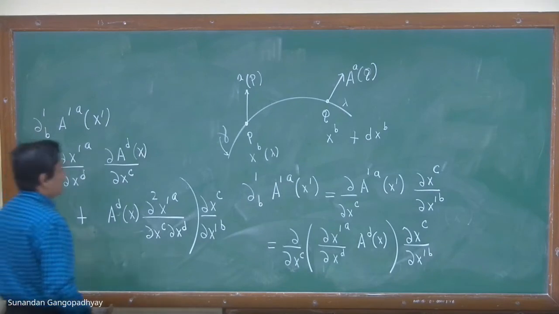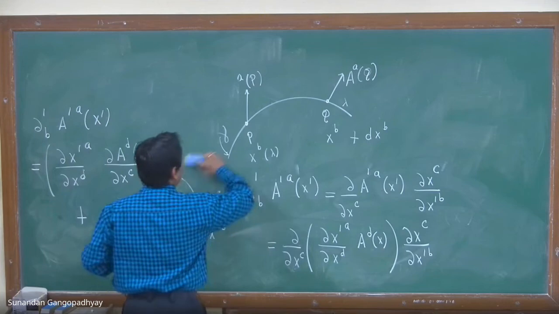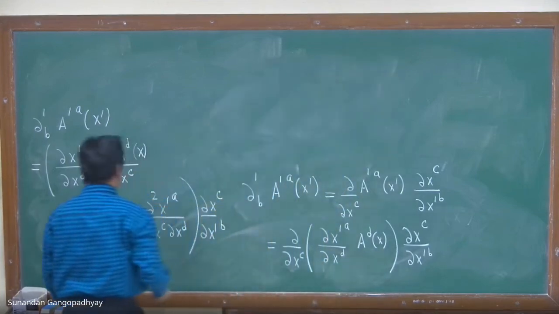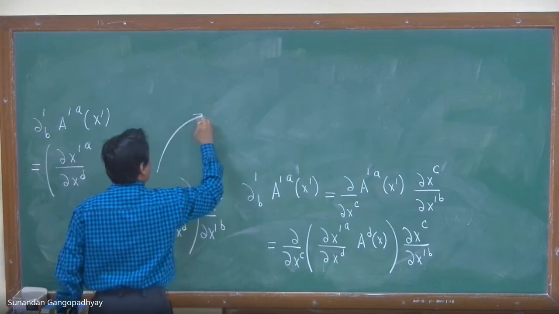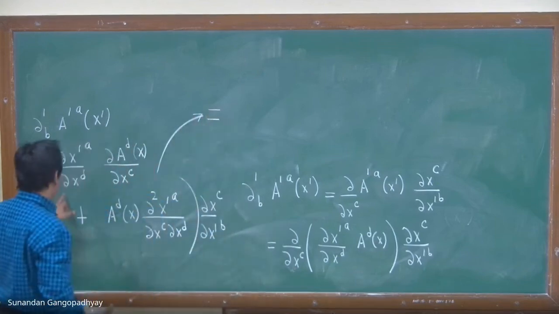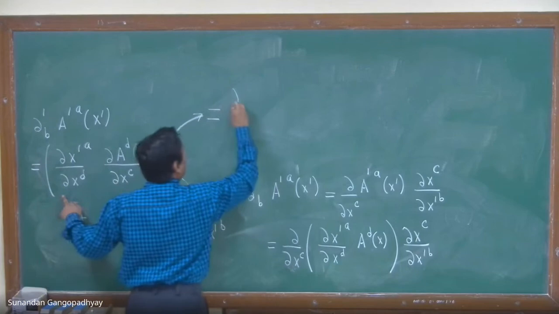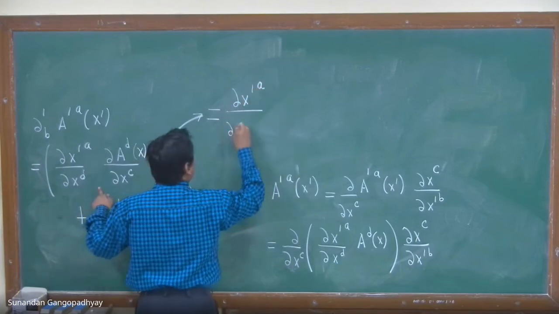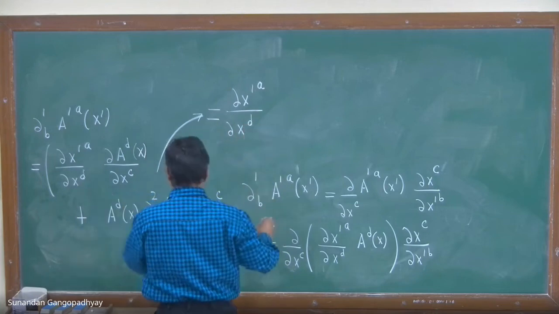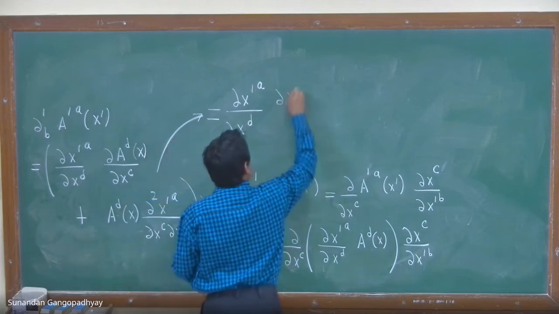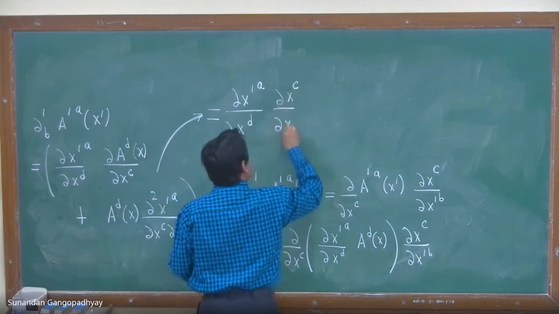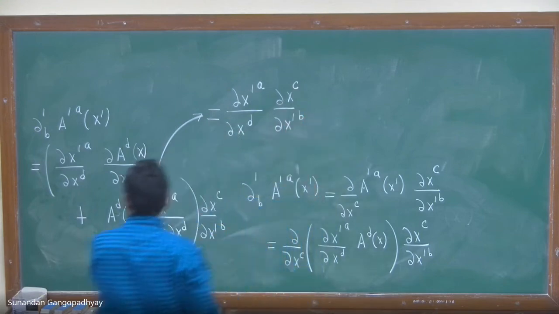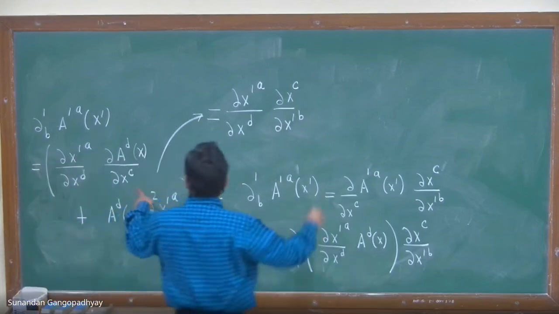And therefore, this is equal to the first term: del x^c over del x prime^a, del x^d over del x prime^b, del_d A_c.